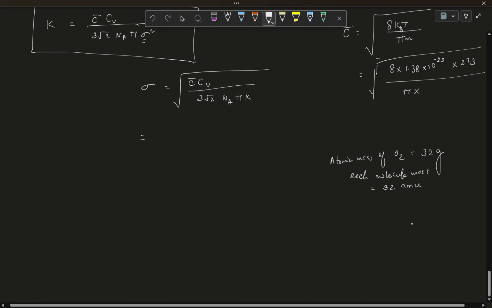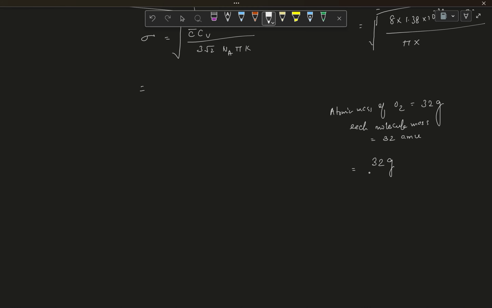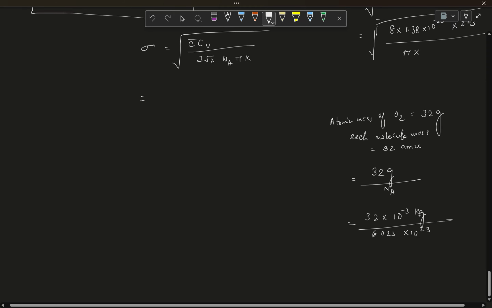Or if you want to convert it into grams, for each molecule it will be 32 gram divided by the Avogadro number, which is 32 into 10 to the power minus 3 kg divided by 6.023 into 10 to the power 23.